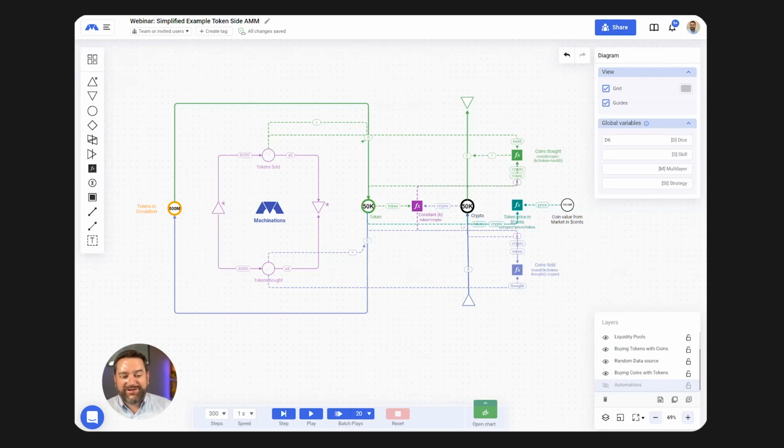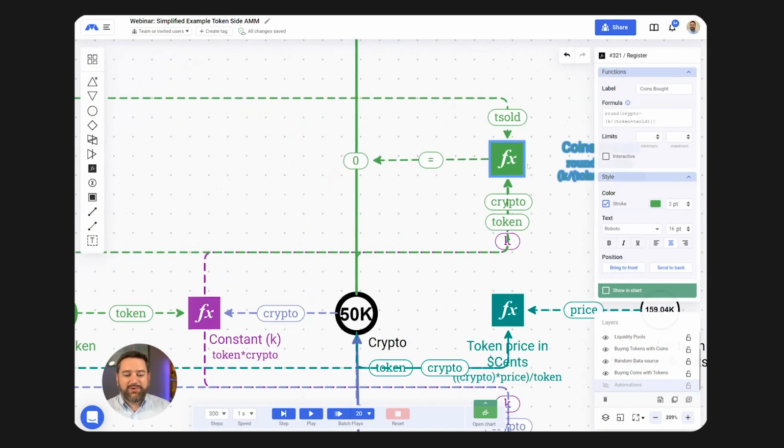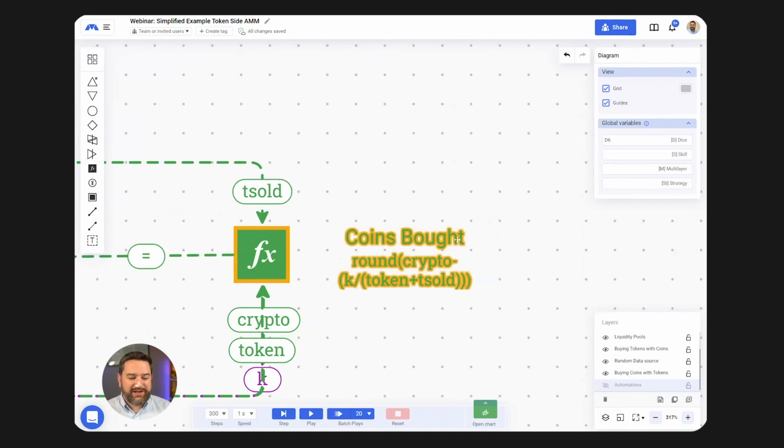So we have our token, we have our crypto. Rather than having two registers, or in fact I think we had 3 registers in our full one used to do this calculation, here we're doing all of this inside one step. So here we're doing crypto, and then rather than crypto minus the new crypto balance, we're taking the formula from the previous one and adding all of it into here.